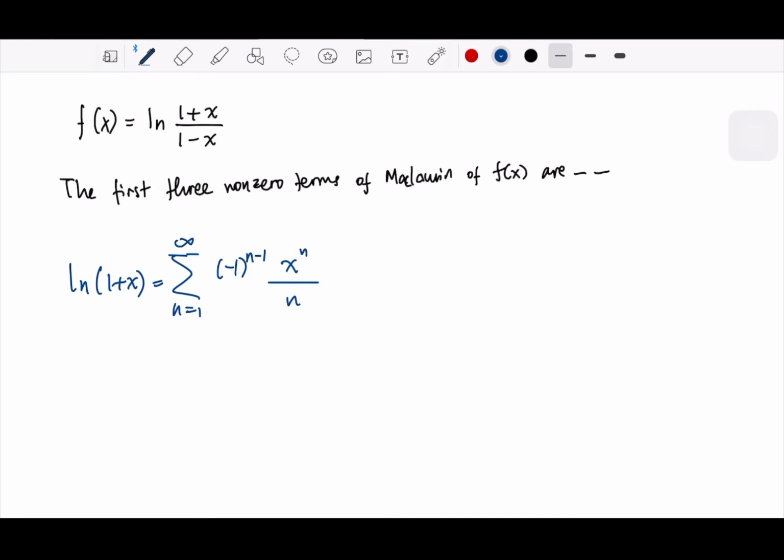Because it's asking for 3 non-zero terms of the Maclaurin series, and we know that we need to check all the n, so probably it's better if we take from n equals 0. So let's rewrite this in terms of n from 0.